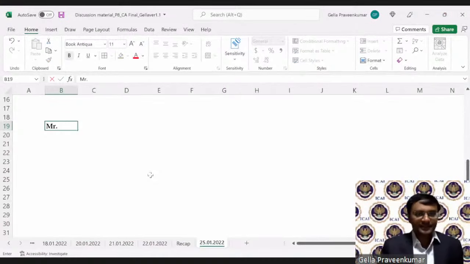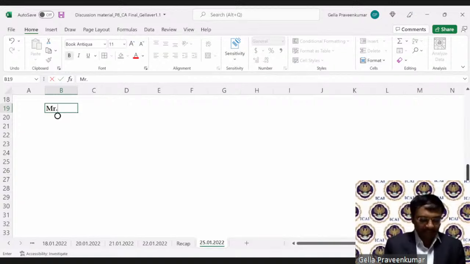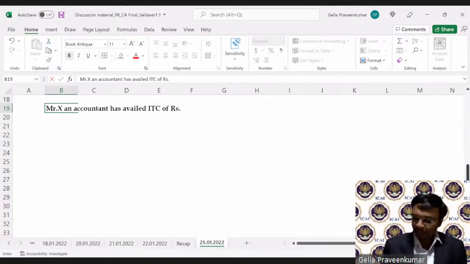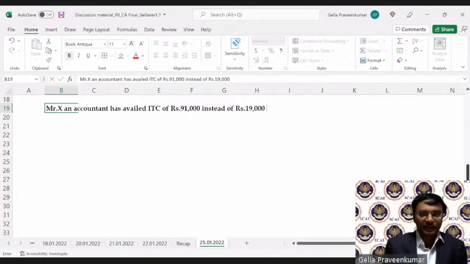Mr. X, an accountant, has availed ITC of rupees 91,000 instead of rupees 19,000 for both CGST and SGST.